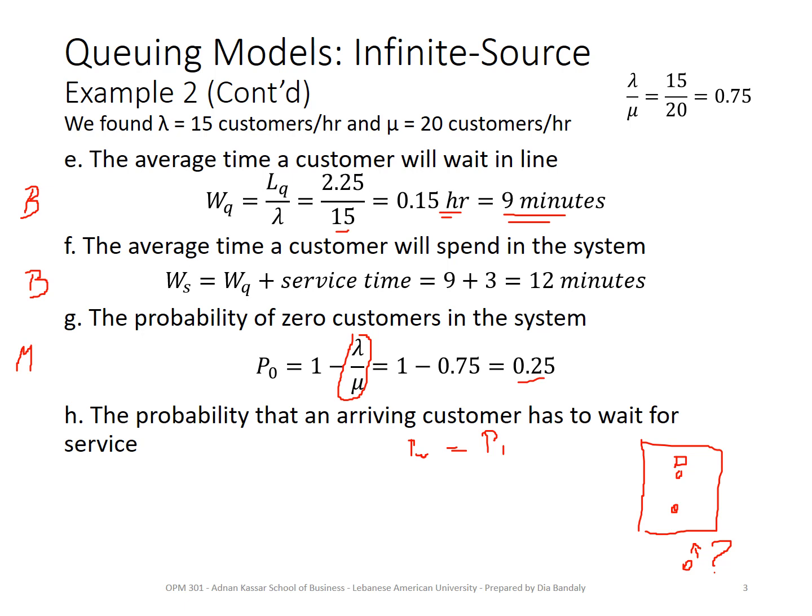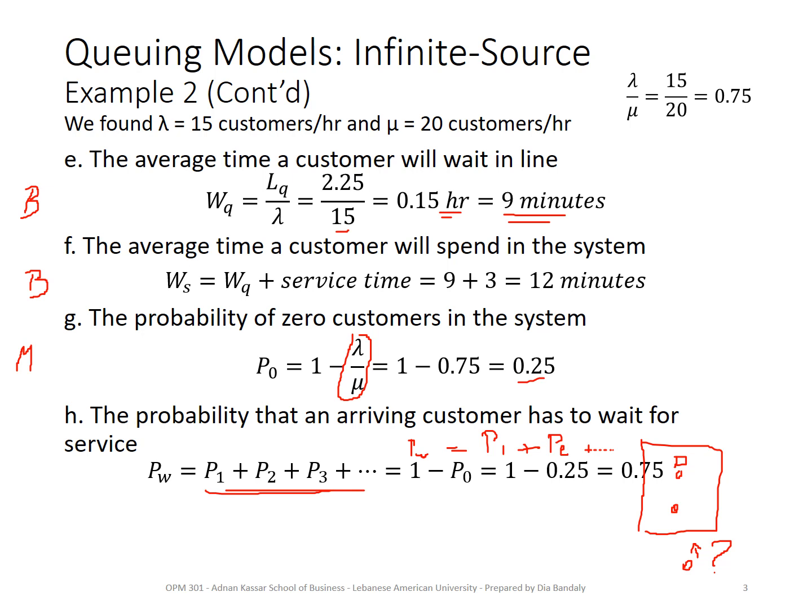I have to wait. So I have to add P2, right? And you can see that I will have so many cases, P3 and P4, right? So here we go. PW is equal to P1 plus P2 plus P3 plus so on.